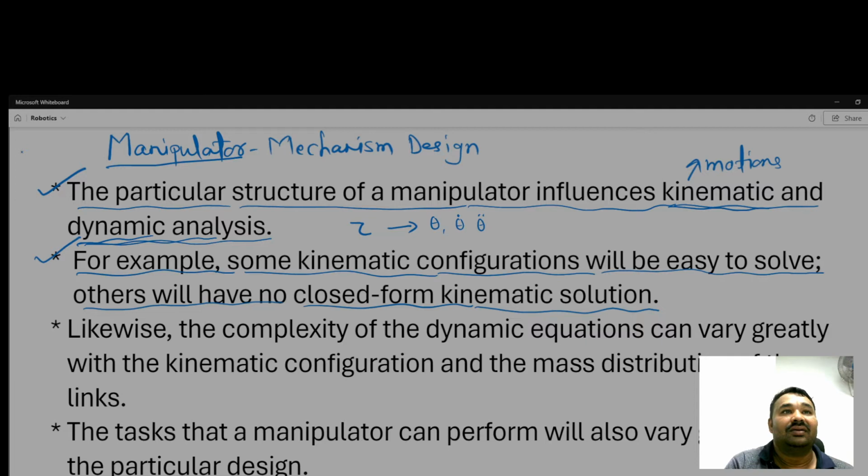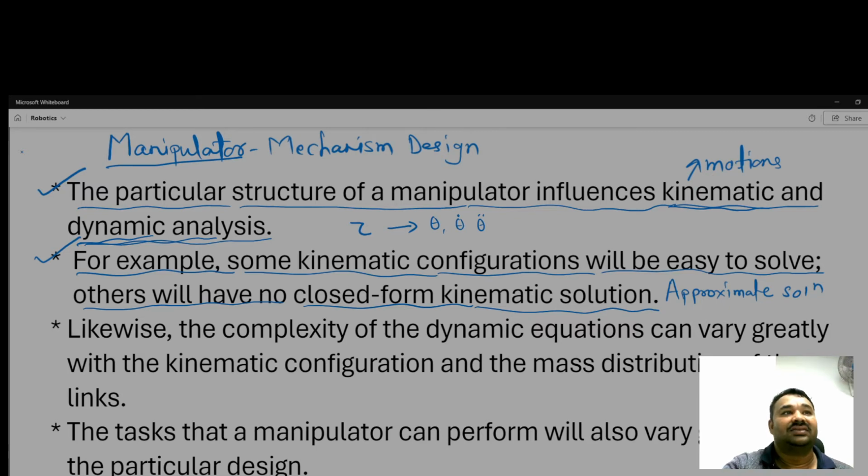So in some cases we get the exact solution, but in some cases we don't get the closed form kinematic solution, means we don't get the exact solution, we get the approximate solution, like numerical methods, what we study in the finite element method, which is based on approximation.